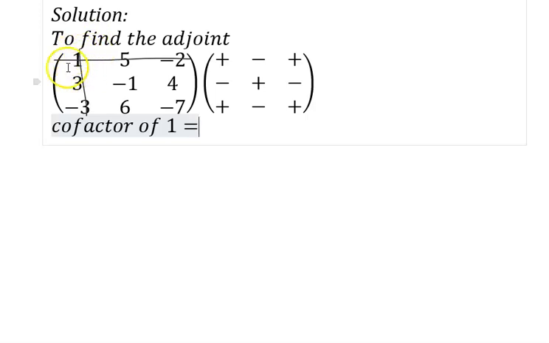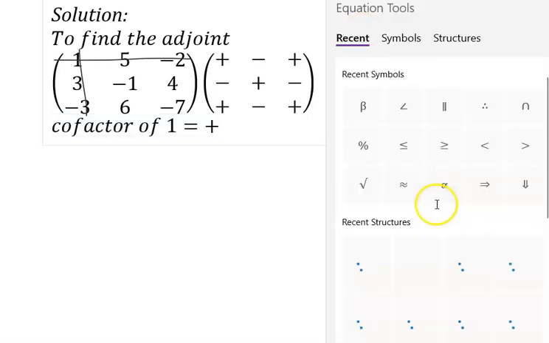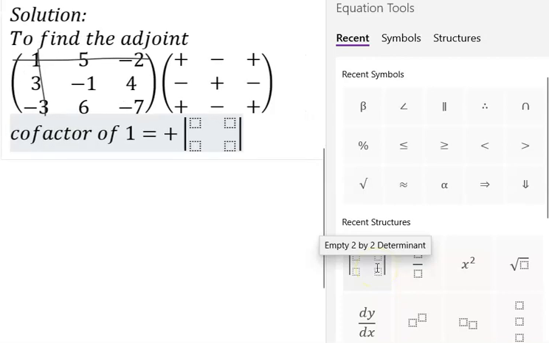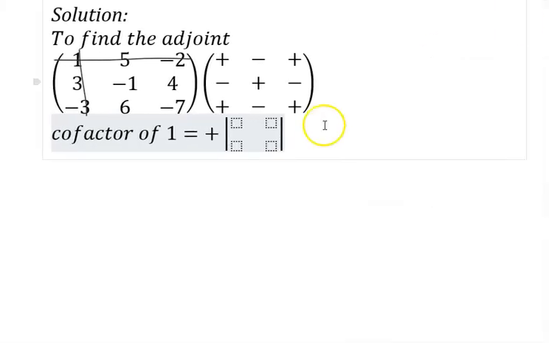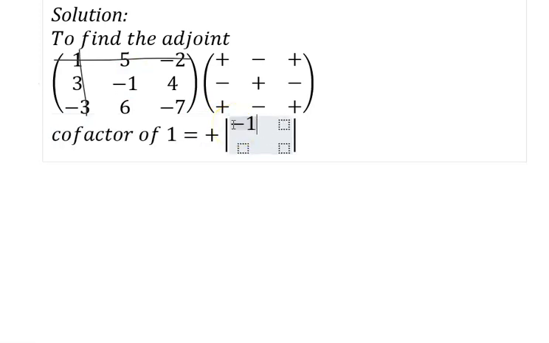So this one that we have here, this is it. But the sign here is what? Is plus. So we put the plus. Then we get the template. So the numbers that are left here are what? Minus 1, 4, 6, minus 7. Is it minus 1, 4, 6, minus 7?